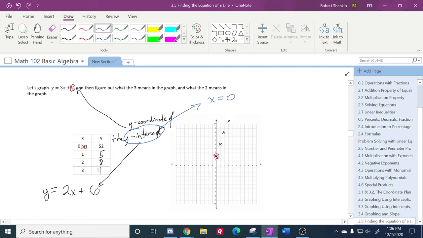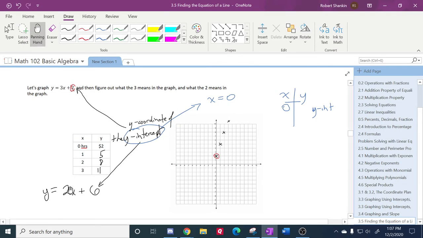All right. Now, what does that mean? That means that if you were making a table, if you're trying to find the y-intercept, you set the x to be 0. When you set the x to be 0, it zeroes out this.